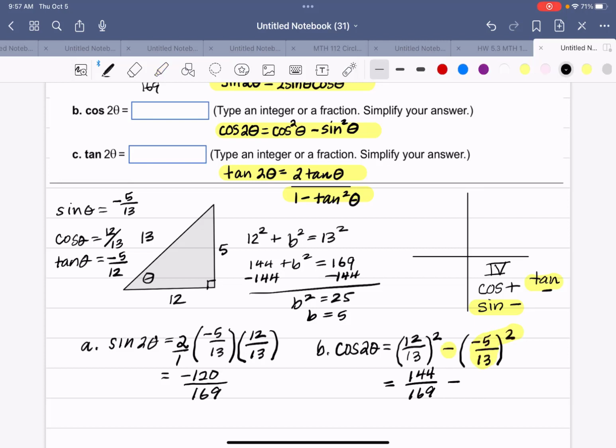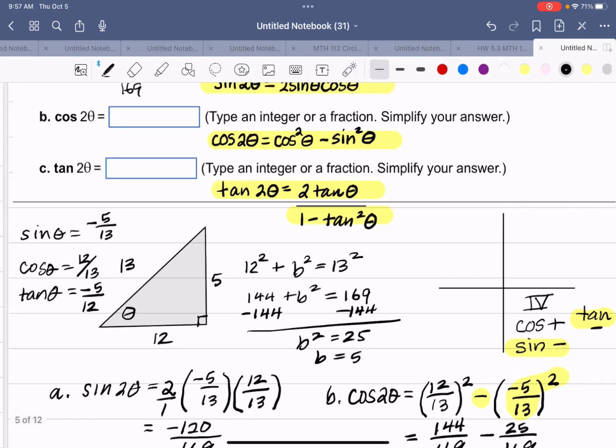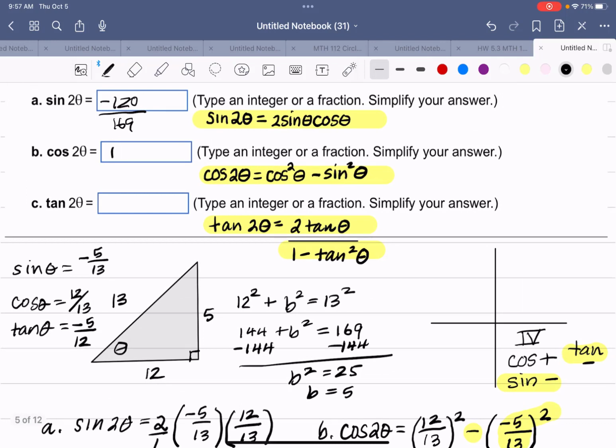So that's just going to be a positive 25 over 169. And when I subtract that, I get 119 over 169. So cosine 2 theta is 119 over 169.